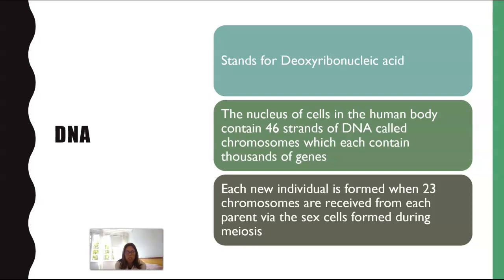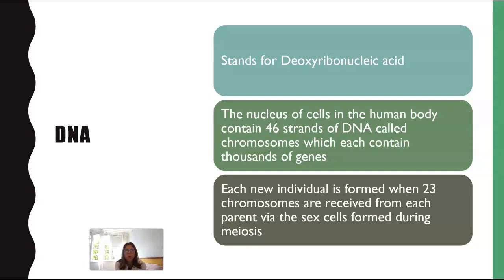So, each individual is formed at conception, when mum's egg and dad's sperm are united and fertilized and produce a fertilized egg. 23 chromosomes have come from your mother and 23 chromosomes have come from your father from their sex cells during a process called meiosis. So we have 46 chromosomes in our body cells.